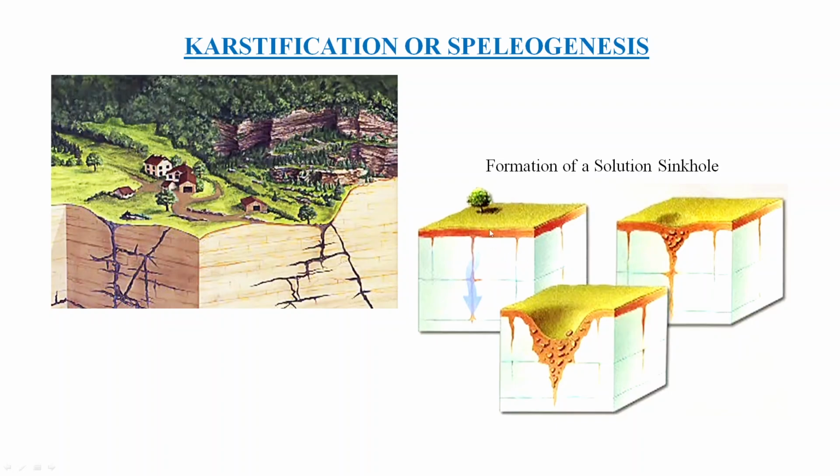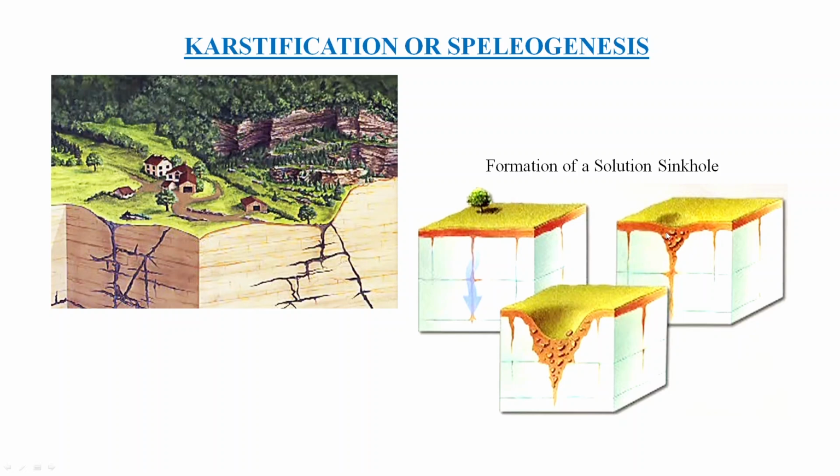So, here you can see there is percolation going on along these joint planes. Rainwater along with carbonic acid percolates through these fractures, and dissolution of materials will start to take place.